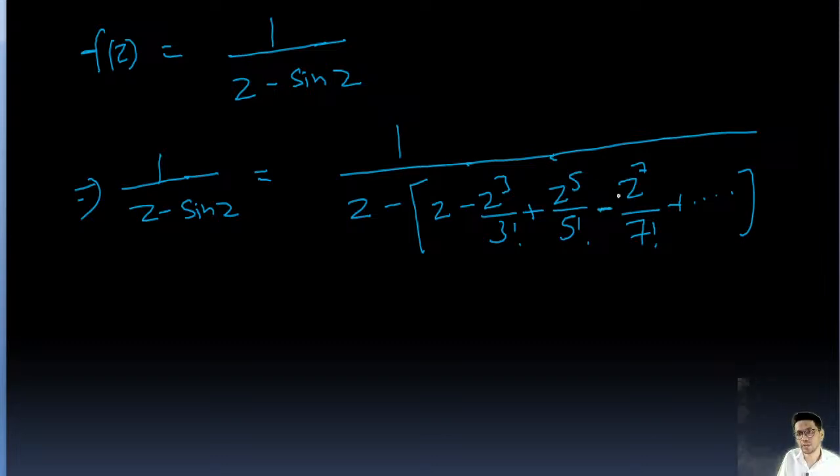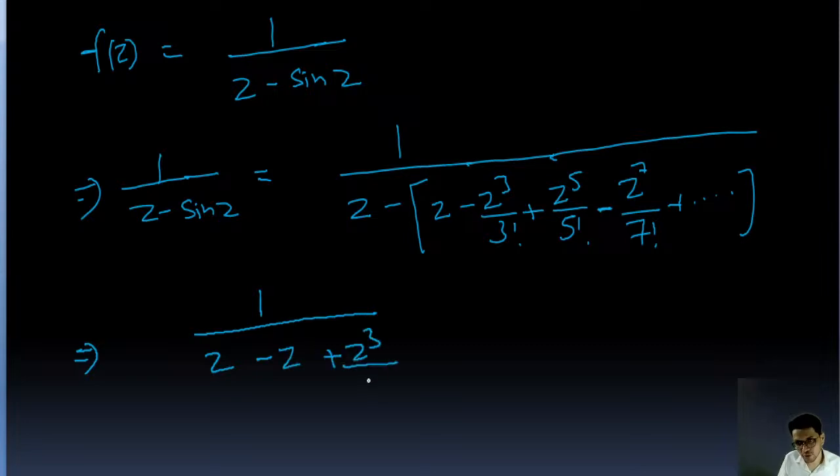So this implies we can write, this is 1 upon z minus z plus z cube upon 3 factorial, minus z to the power 5 upon 5 factorial and plus z to the power 7 upon 7 factorial plus so on.